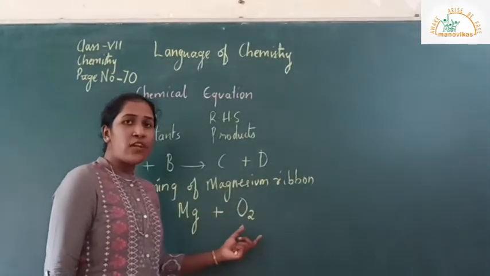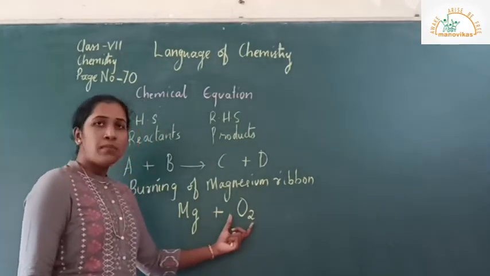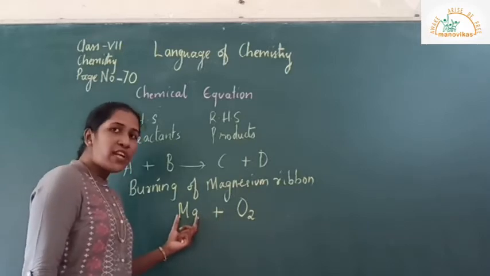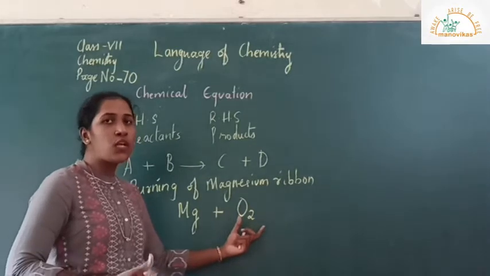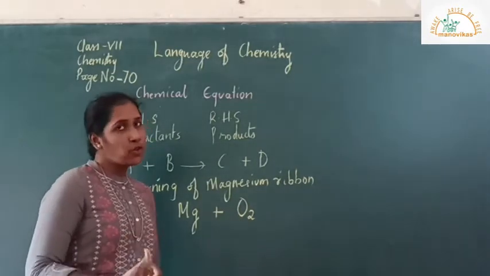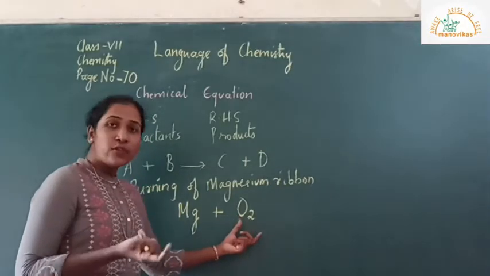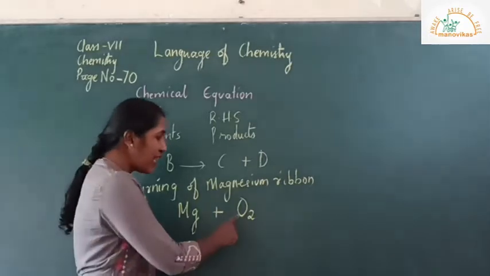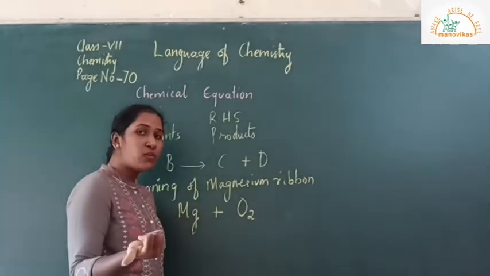For oxygen, we cannot write it as O because these are molecules. Oxygen, hydrogen, nitrogen, chlorine are all diatomic molecules. So all these gases, oxygen, hydrogen, nitrogen, chlorine, bromine, have to be written as O2, N2, H2, Cl2, Br2.